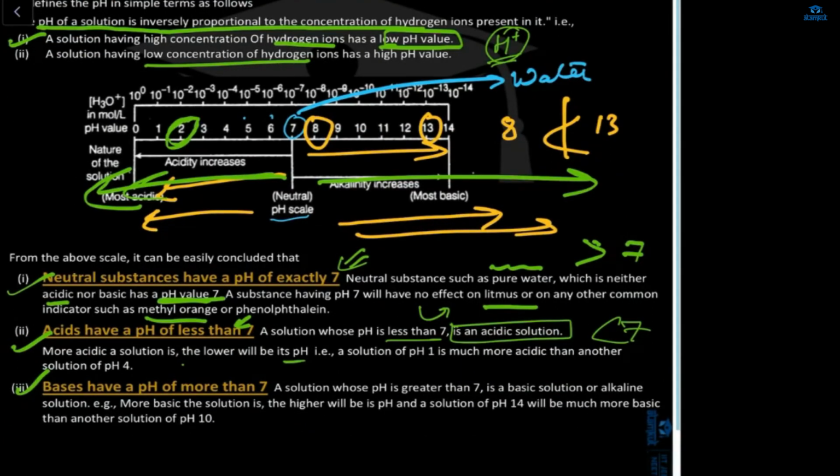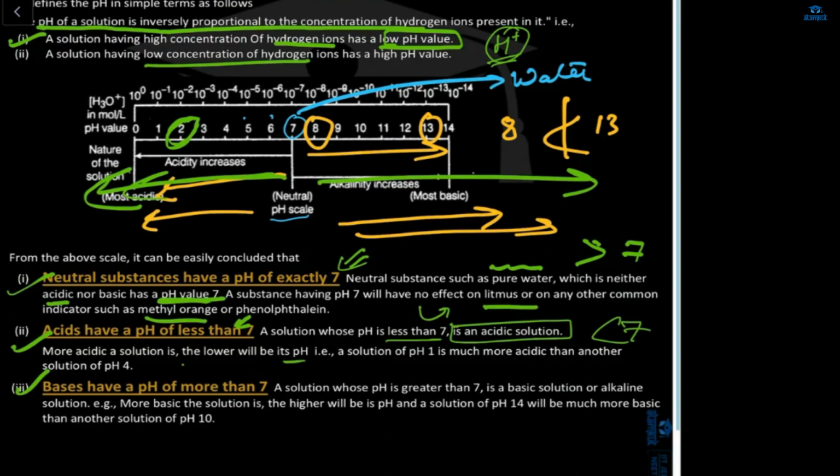And the more acidic the solution is, the lower your pH. So for example, if I ask whether 0 is more acidic or 4 is more acidic? Ma'am, 0 is more acidic. Yes, 0. If 0 is more acidic, it means the pH value is low.